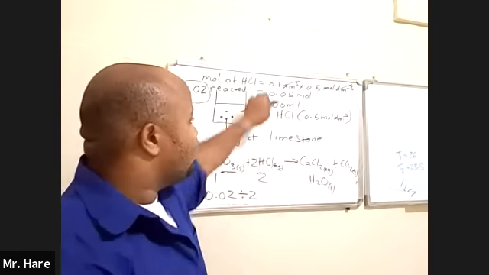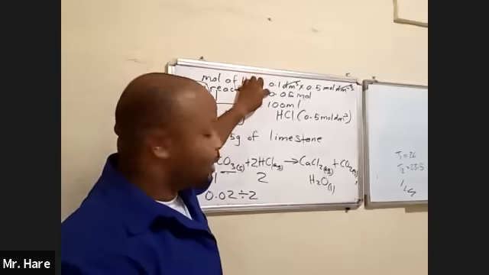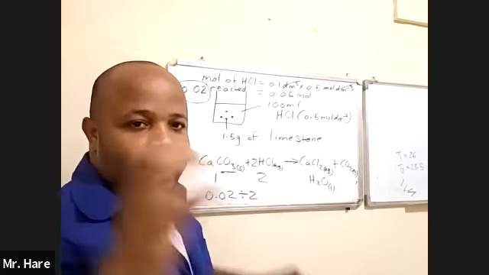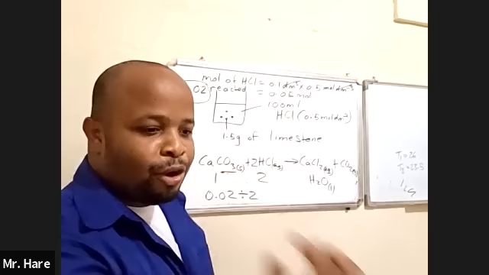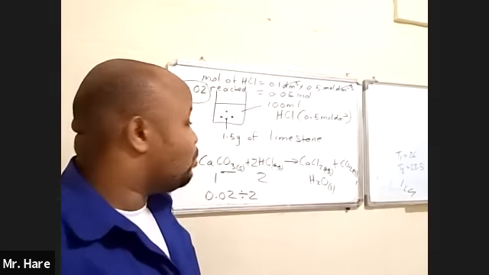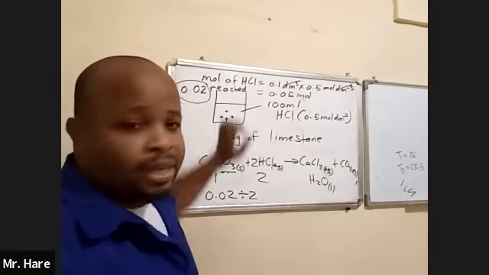Now, if you know the total mole of HCl, and then you do a titration and found out the number that did not react, can we find out how much actually reacted? You just subtract.